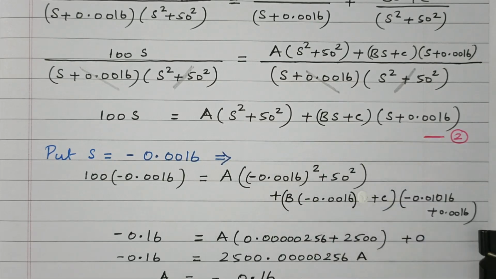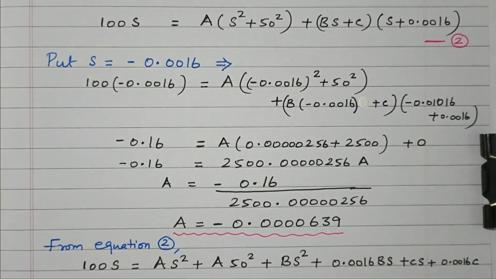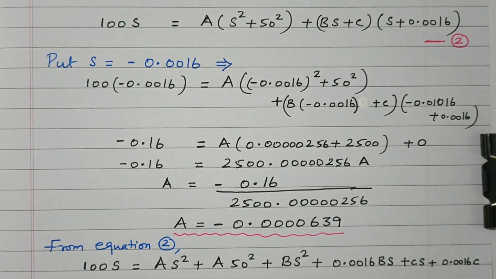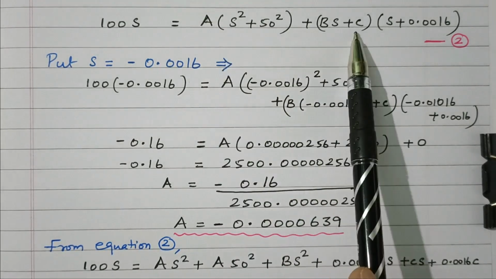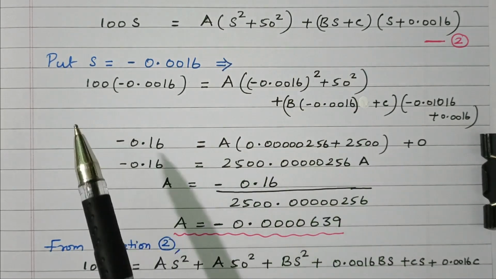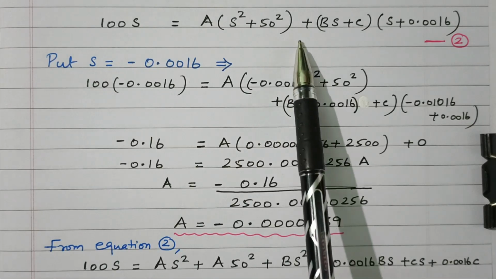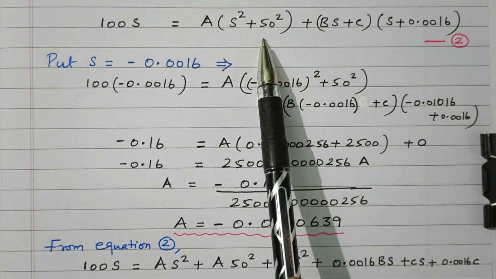Now we'll call this equation number 2. Next our aim is to find the values of A, B and C so that we can go for the inverse Laplace. Now we'll substitute values of s in such a way that it cancels a term, so that we can find the other terms.